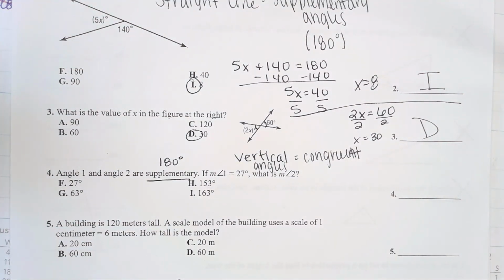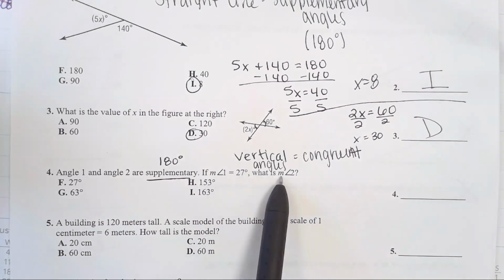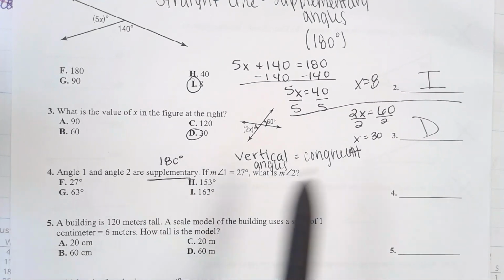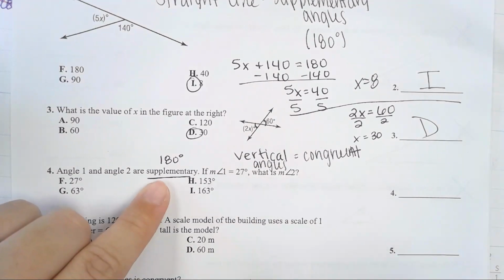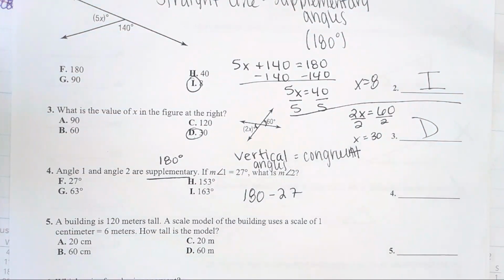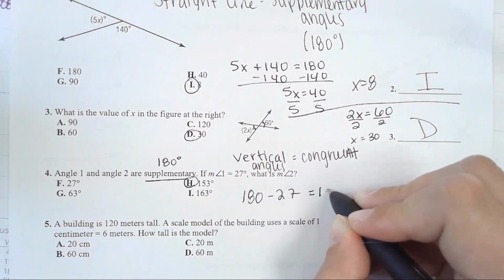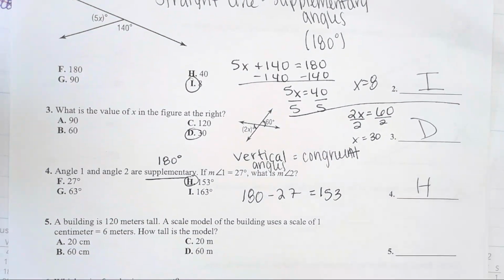You already have one that is 27 degrees, and you're trying to figure out 27 plus what will give you 180, so you can just subtract. Take the 180 minus 27, and we get 153, which is H.